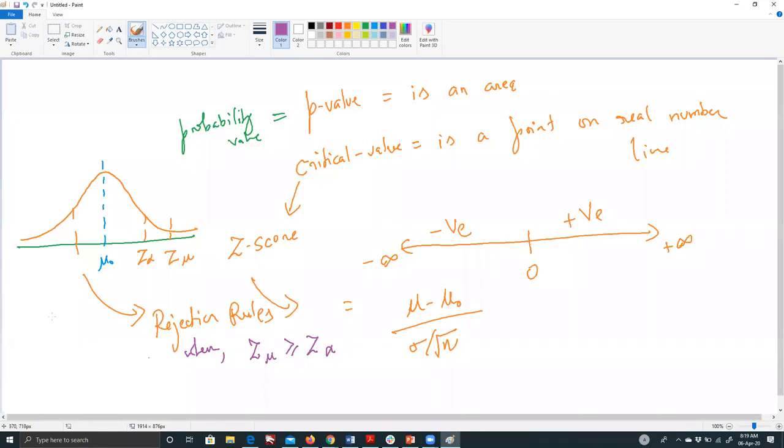But remember, both of them could be negative as well, and there the rule is just the opposite, right? If this is somehow negative Z alpha and this is your Z mu, then how would it work?